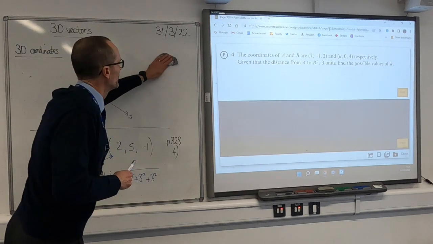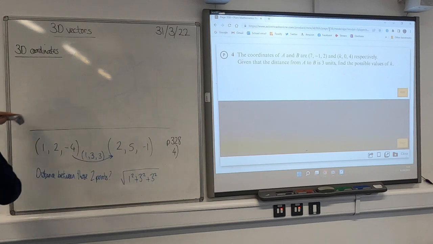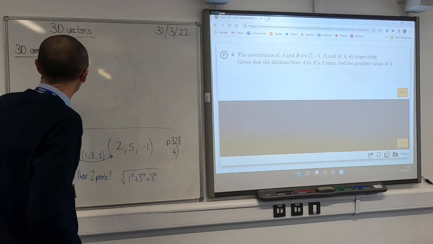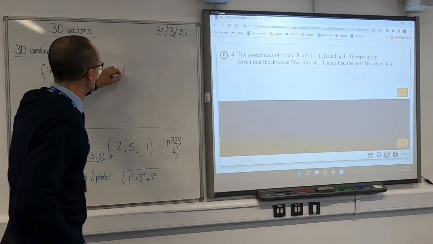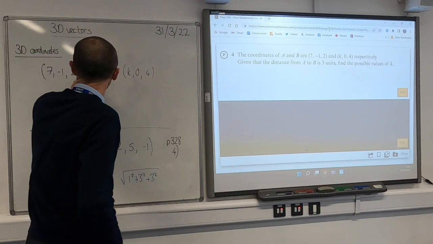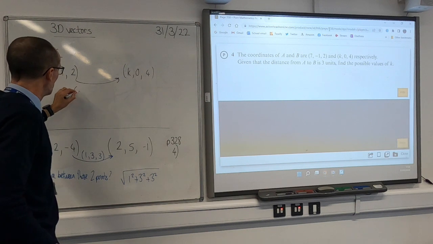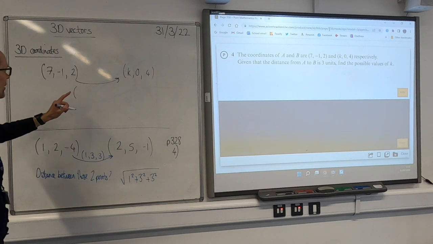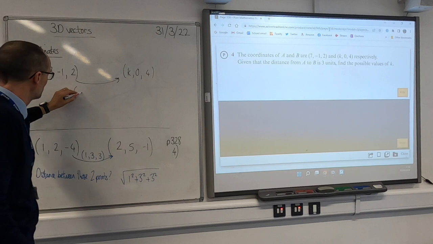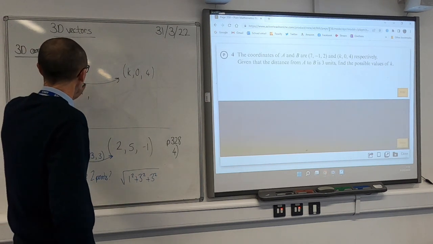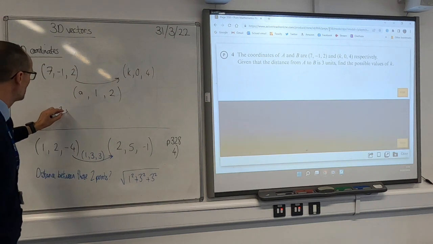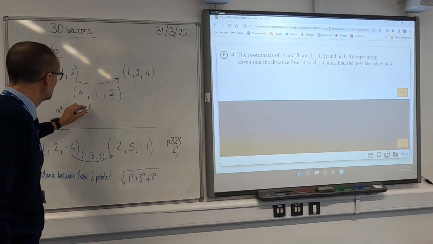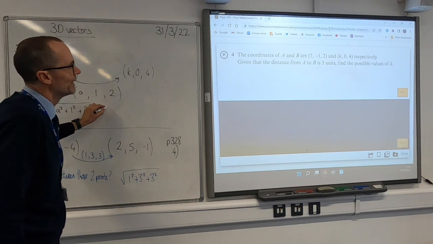So rather than getting caught up with algebra relating to k, I'm just going to call it a. From 7 to k, the gap there is 7 minus k or k minus 7, I'm just going to call it a, and from -1 to 0 that's going up 1. So I know that a squared plus 1 squared plus 2 squared, square rooted, must be 3.